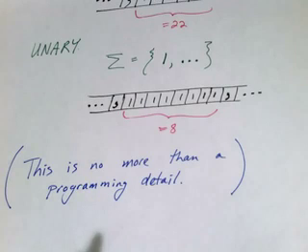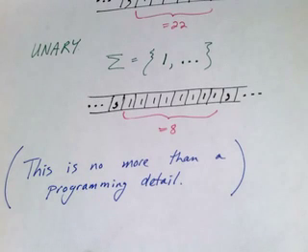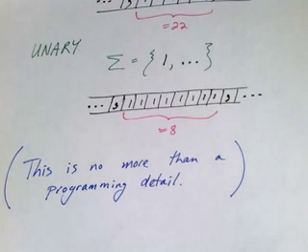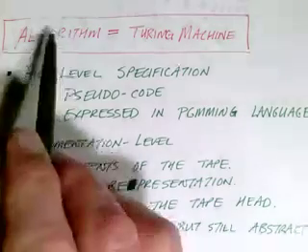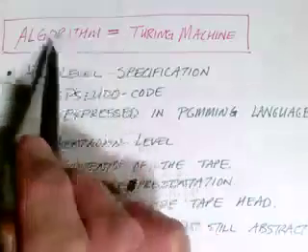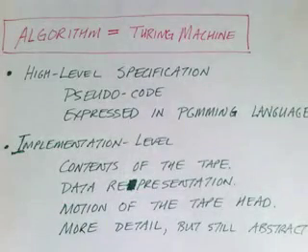We can process these things with algorithms, and we can implement these algorithms on Turing machines. Remember the Church-Turing thesis, which is that by algorithm we mean nothing more than a Turing machine. If something can be executed with a Turing machine, then it is an algorithm.